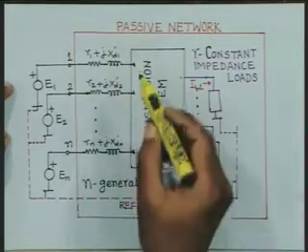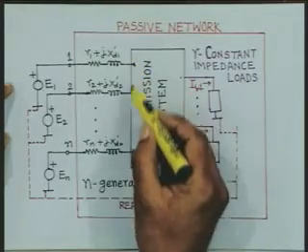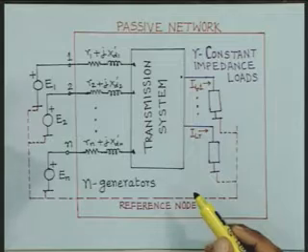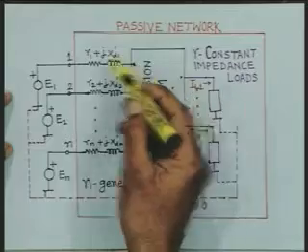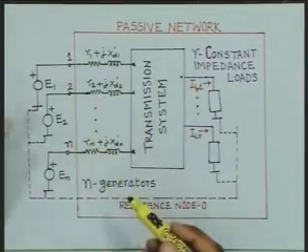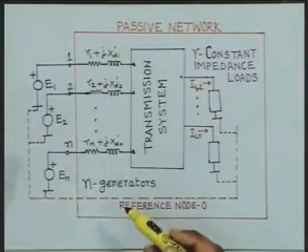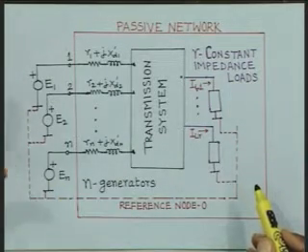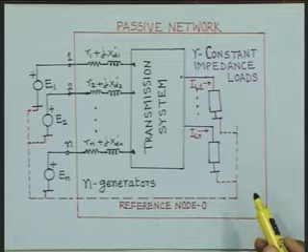Once you perform the load flow analysis, you find the voltages at all these nodes and all the nodes where the loads are connected. Then using this information, the loads are converted into equivalent impedances and we replace the generators by an equivalent voltage in series with impedance. And this becomes my model which is going to be used for transient stability analysis.